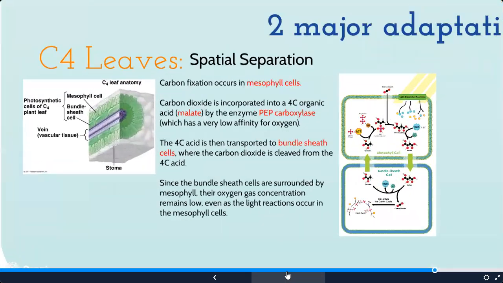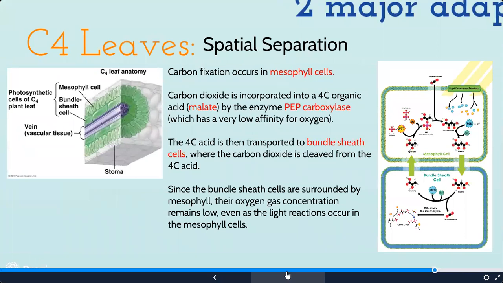So C4 plants, this would be a plant like corn. Corn is a C4 plant. In this case, the carbon fixation occurs in mesophyll cells, and it uses a different pathway rather than the Calvin cycle. So they use a 4-carbon base. You don't have to know the chemistry of this. Just know that C4 uses a different metabolic pathway.